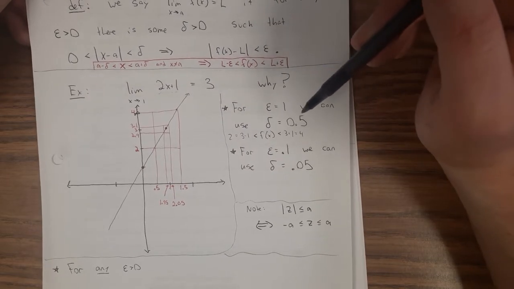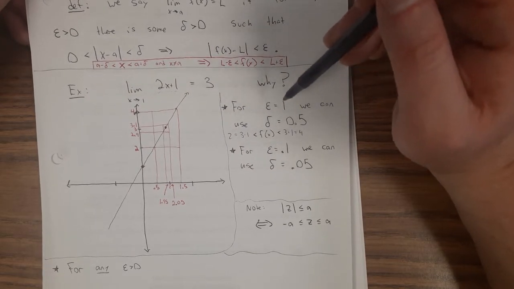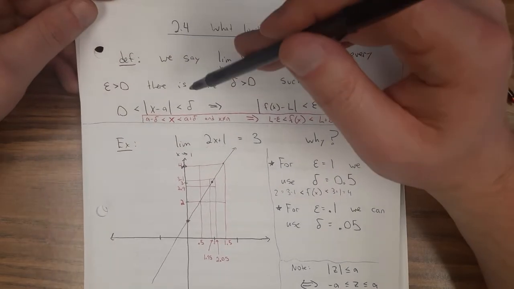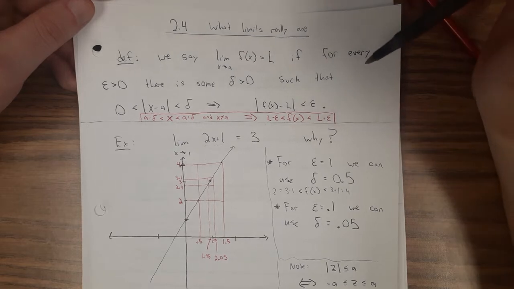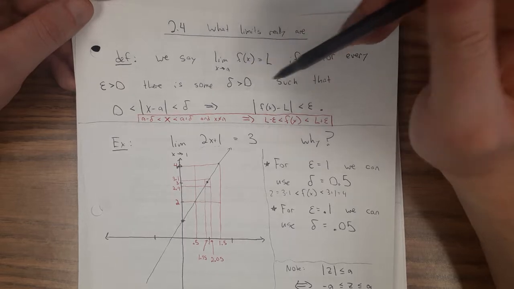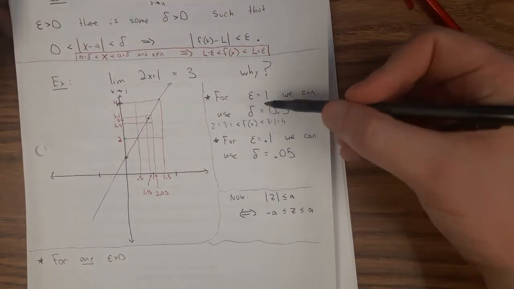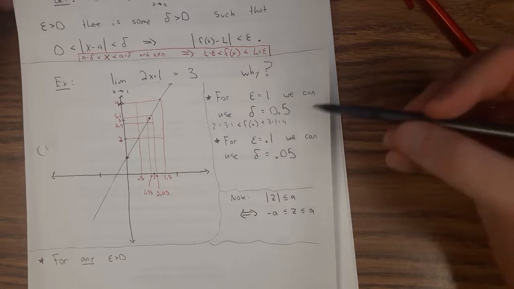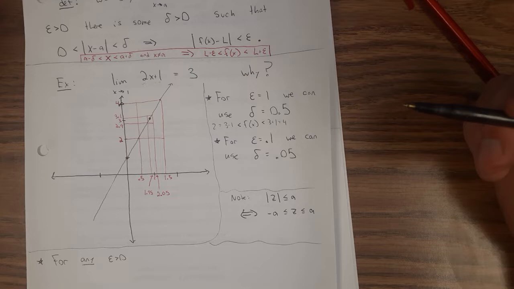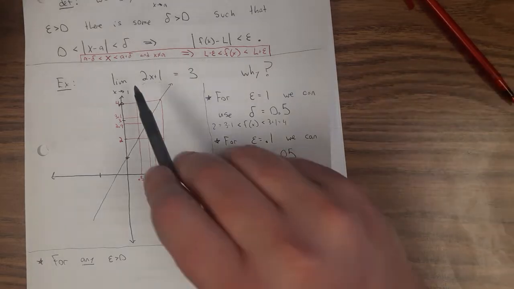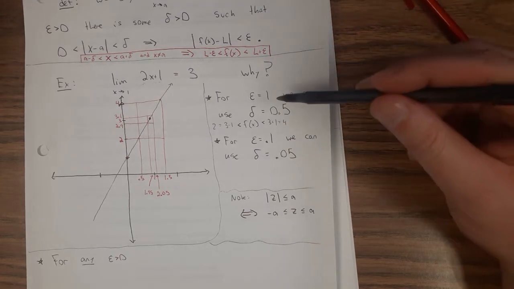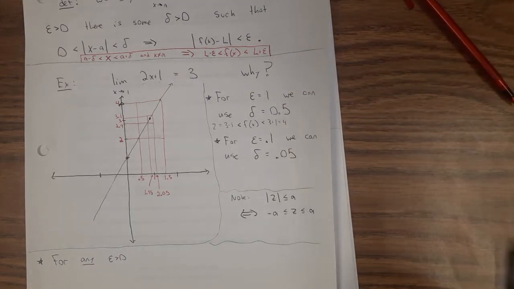Sure, I told you a value of delta for this epsilon, and a value of delta for that epsilon, but according to the definition, for every epsilon greater than 0, there exists some delta greater than 0. So giving you values of delta that correspond to two different values of epsilon doesn't cut it formally. If we want to completely prove that this limit is true, I have to show that no matter what epsilon is, I can always find an appropriate delta.